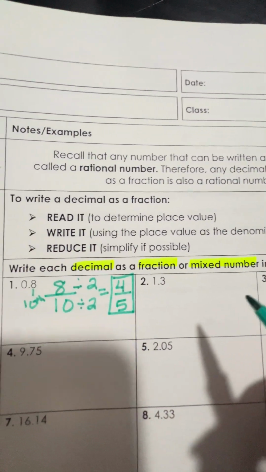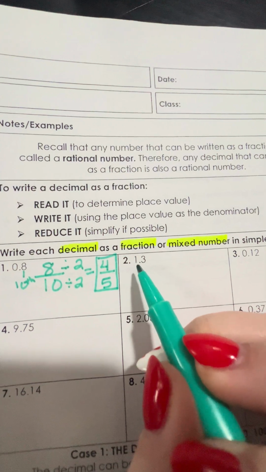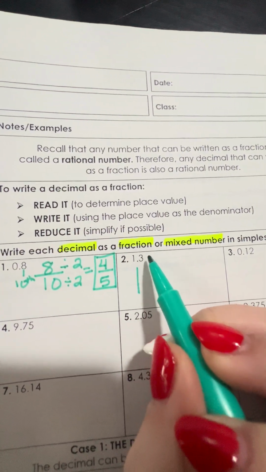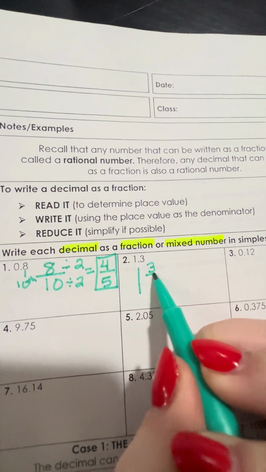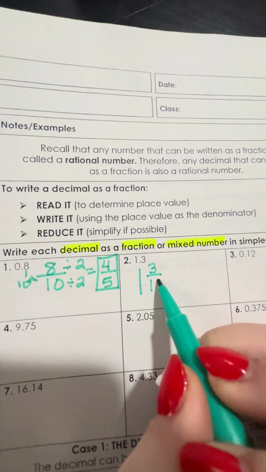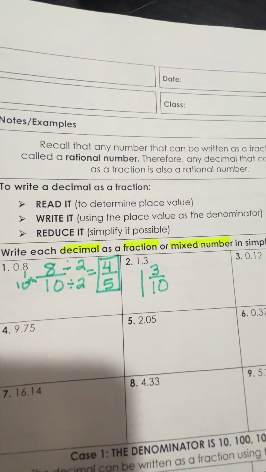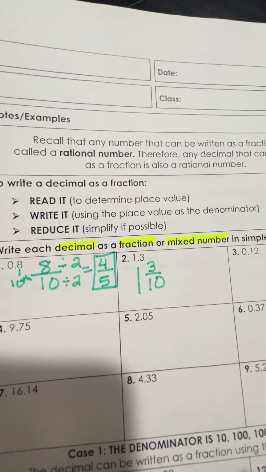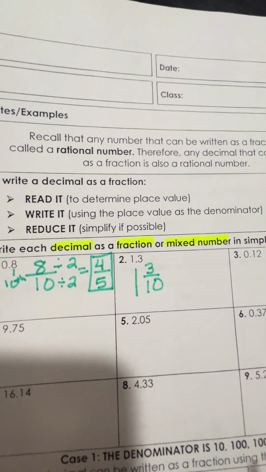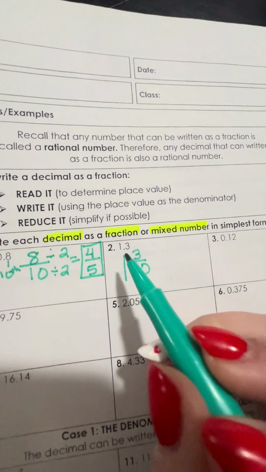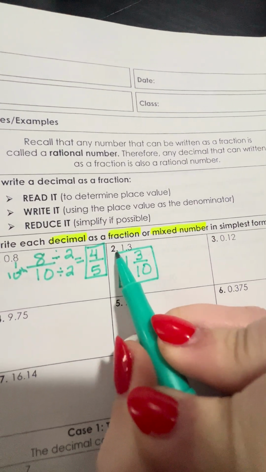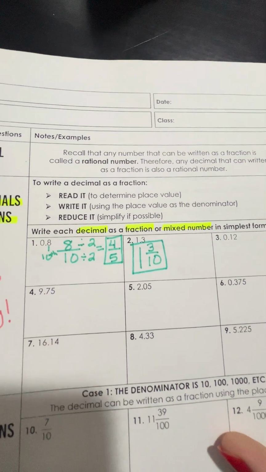So here, number 2, our whole number is 1, and our numerator is going to be 3, and the 3 is in the 10th place, so our denominator is going to be 10, okay? 3 is odd, 10 is even. That's not something you can simplify. That's just your final answer, and you leave it perfectly how it is, okay?